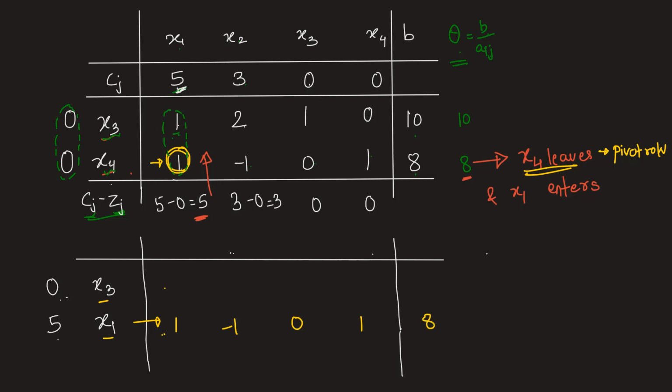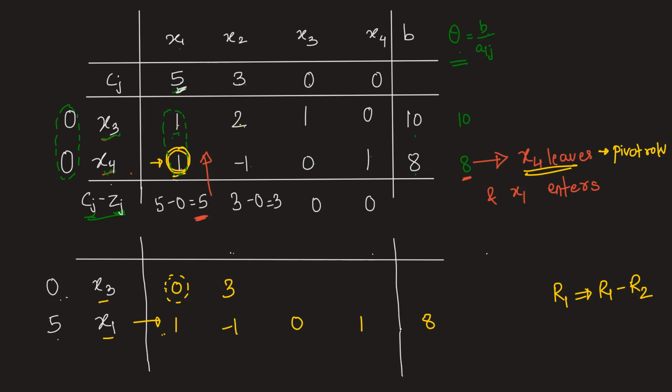Now, we need to get a 0 at this position. In order to get this 0, we'll have to perform a row operation. The numbers that we have are 1 and 1. So simply if we do R1 as R1 minus R2, we will get 0 over here because 1 minus 1 gives us 0. Then it is 2 minus minus 1, which is 2 plus 1, which is 3.